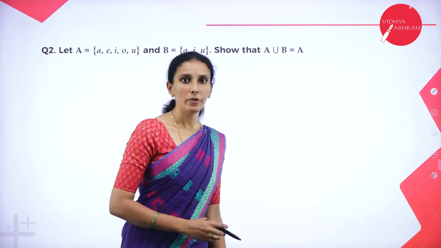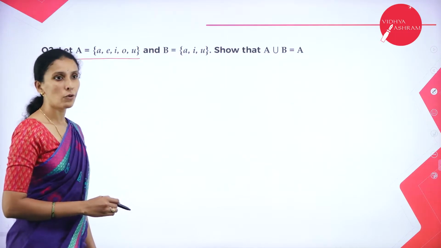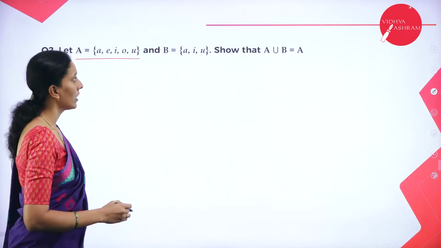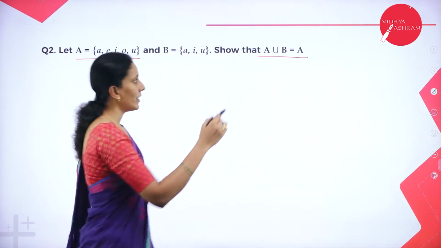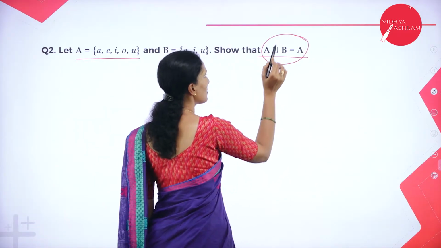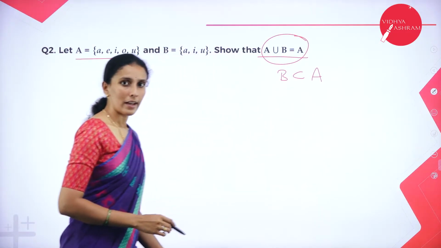We'll see one more example. So we have set A is equal to {a, e, i, o, u}, B as {a, i, u}. Show that A union B is equal to A. When is this possible? This is possible only when B is a subset of A. Correct?